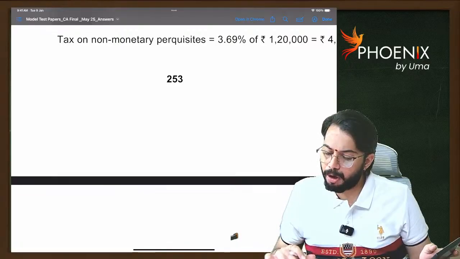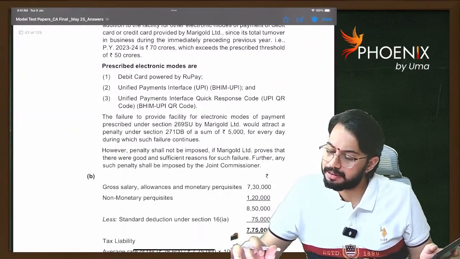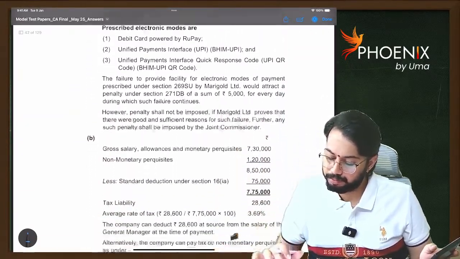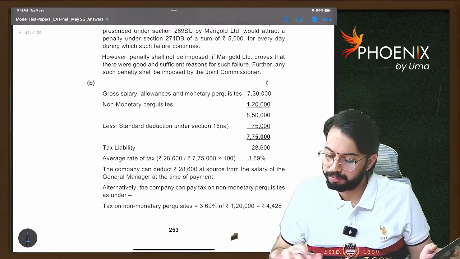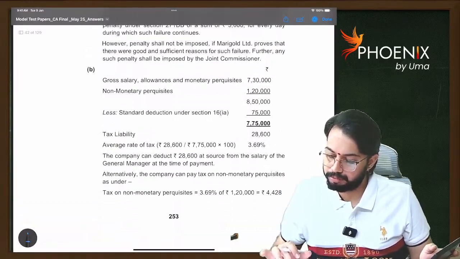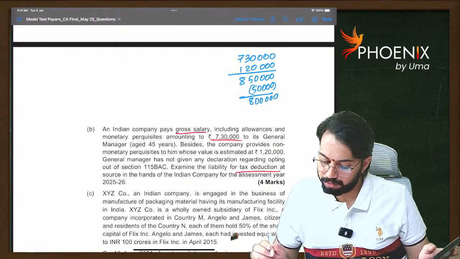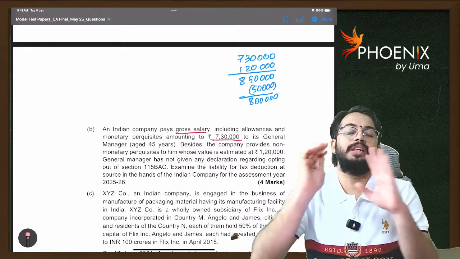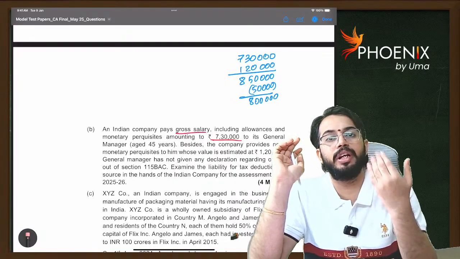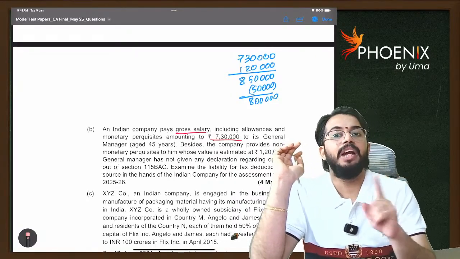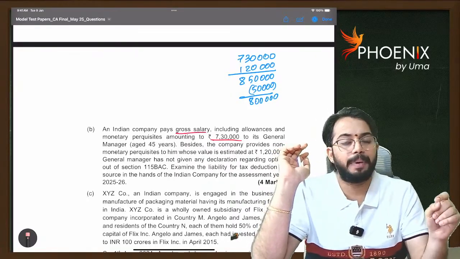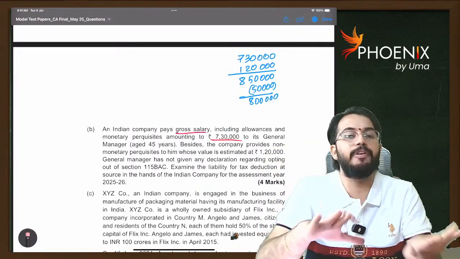Did he say under default tax rates? Okay. See, generally, employee should give declaration to employer. If employee does not give declaration to employer, employer will deduct under default tax rate.